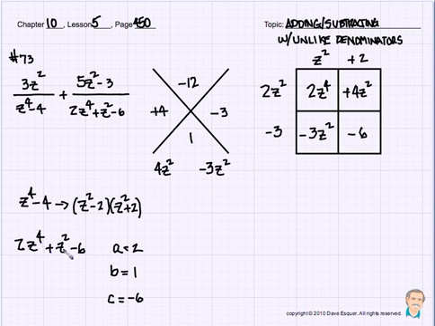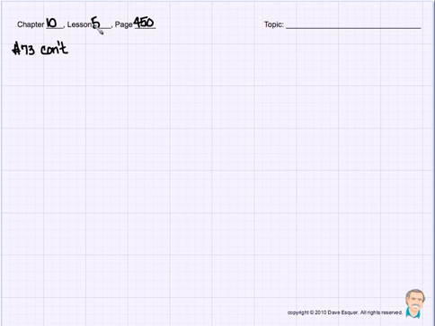So 2z to the fourth plus z squared minus 6 turns out to be factored as z squared plus 2 and 2z squared minus 3.